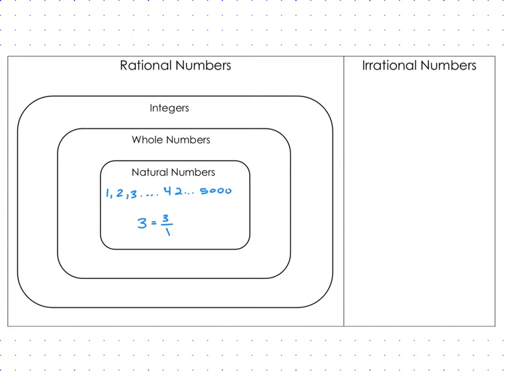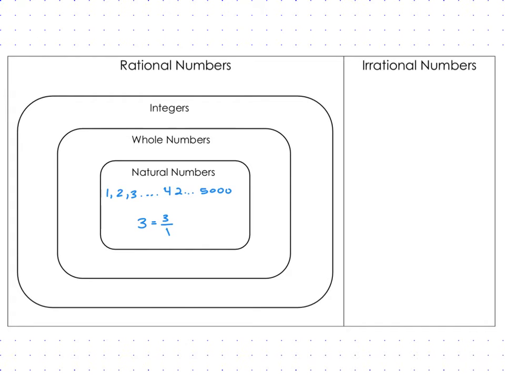Okay, so let's move on to our set of whole numbers. If you look at the box that we have here, notice how it's bigger than the natural number box. Well, that's because it has a little bit more in it.